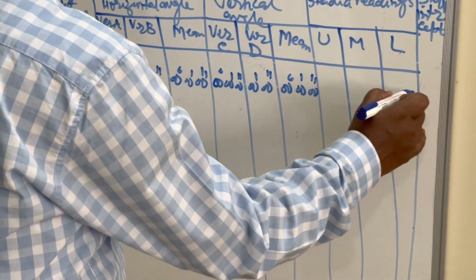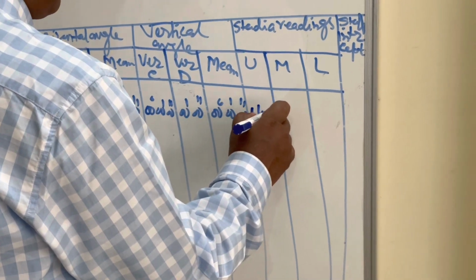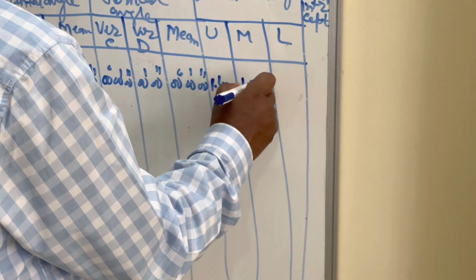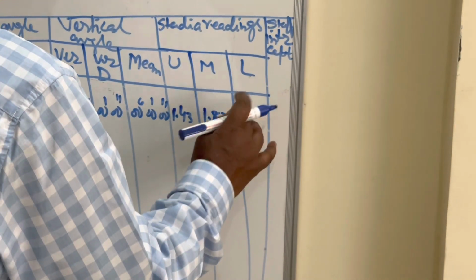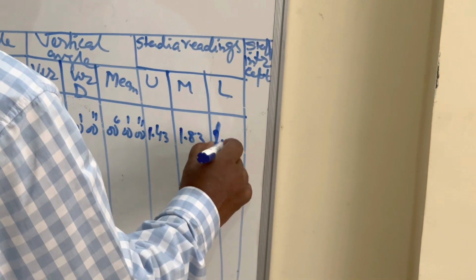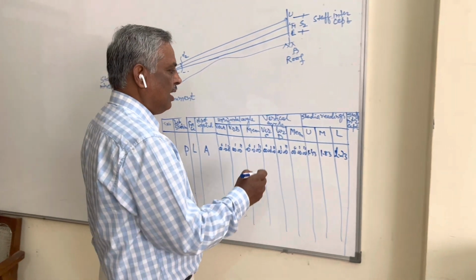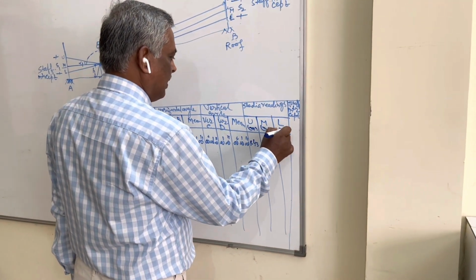And now we have to record the readings. Say 1.43, 1.83, 2.23. Like this, say these are the readings in meters.